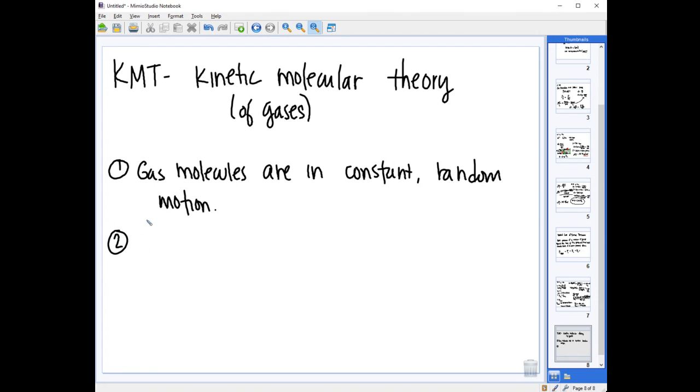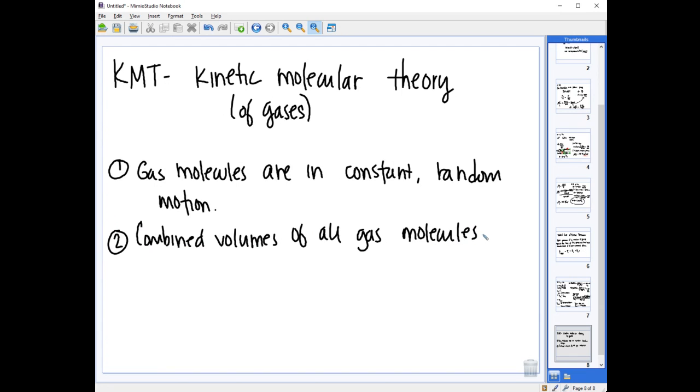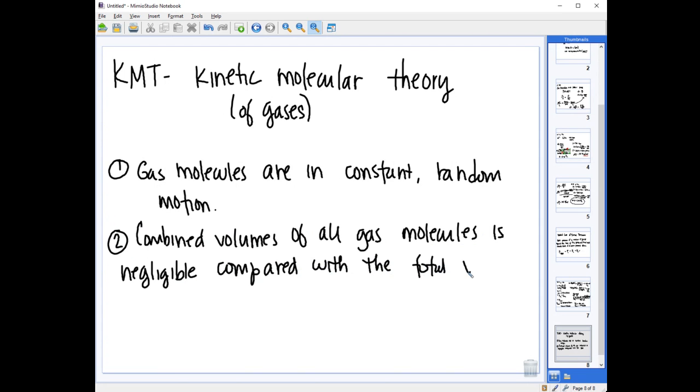The second thing that this looks at is that the combined volume of all of the gas molecules is negligible compared with the total volume in which the gas is contained.